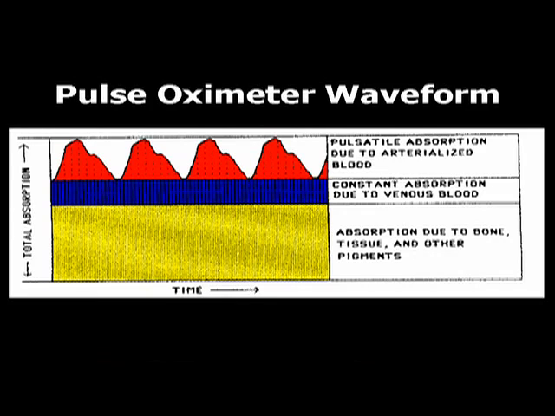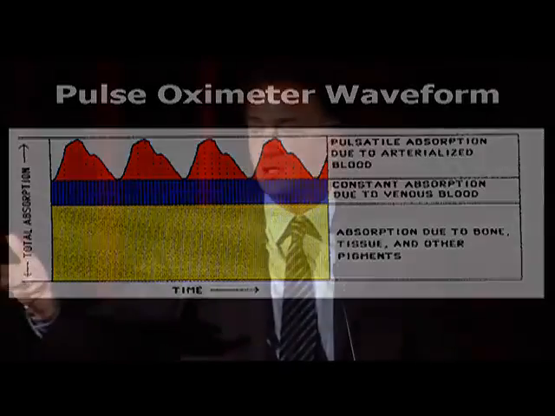One part is a constant absorption, related to the skin, the nail, the bone, or any tissue at the site of measurement. And the other part is a pulsatile component of the light absorption that is related to arterialized blood. And finally, when you look at the pulse oximeter waveform, you have a waveform that looks a little bit like an arterial pressure waveform. It's not exactly the same, but it's related to the arterial pulse and the light absorption at the site of measurement.